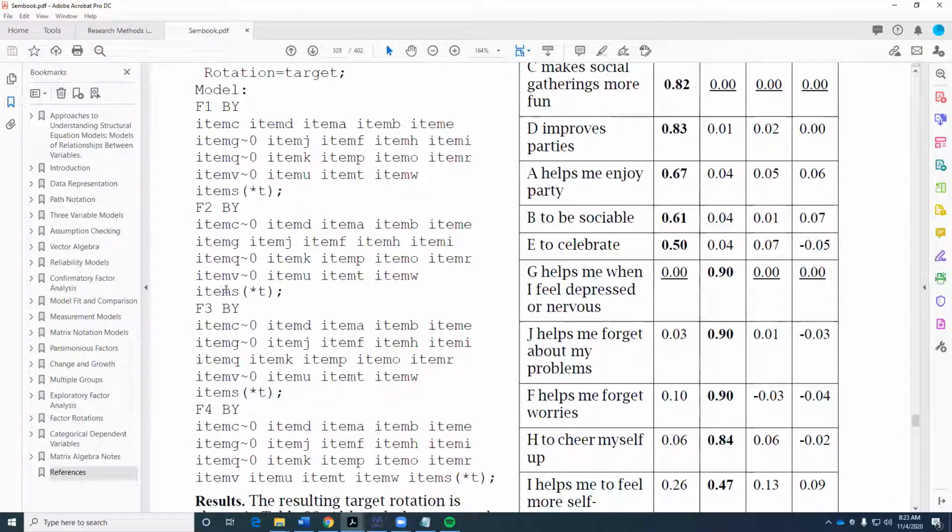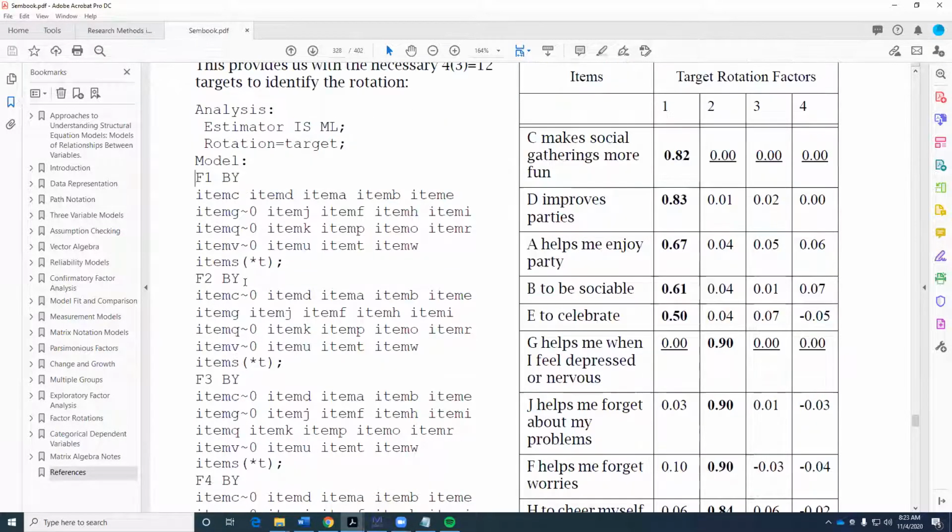So recall in a straight exploratory factor analysis, you didn't have a model statement. You just said, give me a 1 to a 4 factor solution. So we list the factors that we think underlie the data. And then inside of this, for a given factor, this is saying, go ahead and estimate for this first factor, loadings on all of these items.